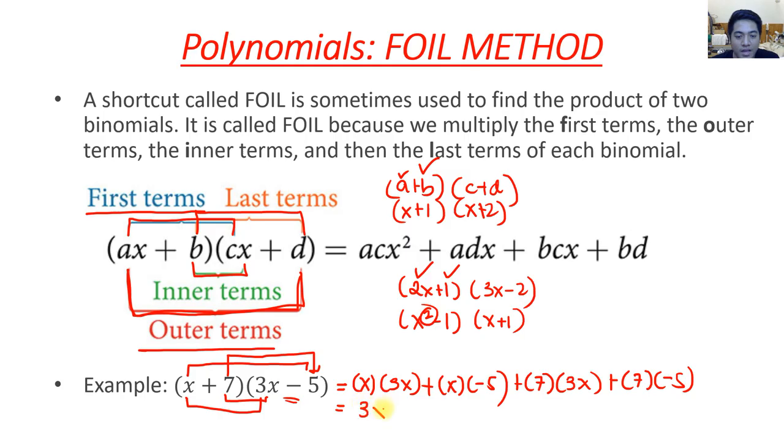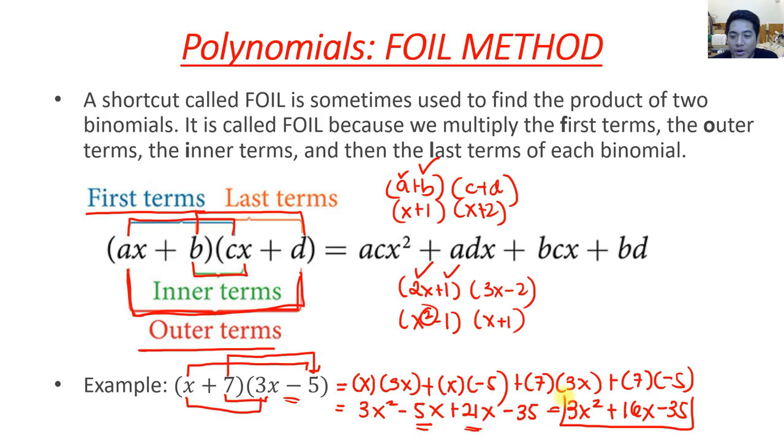So you have 3x squared minus 5x. 7 times 3, that would be 21x. 7 times negative 5, that would be negative 35. So simplify. We have 3x squared, no like terms to combine. Then negative 5x plus 21x will result in a positive 16x minus 35.